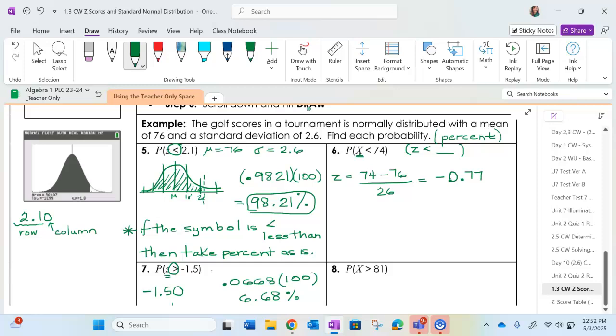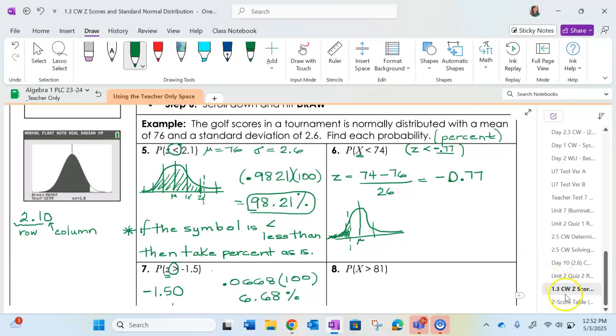So now let's draw a picture, okay? I'm just going to draw a rough sketch. There is my mean. So I know, here's one, here's one. This is somewhere right here. And I'm doing less than, so I need to shade below it. Okay? So this is negative 0.77.